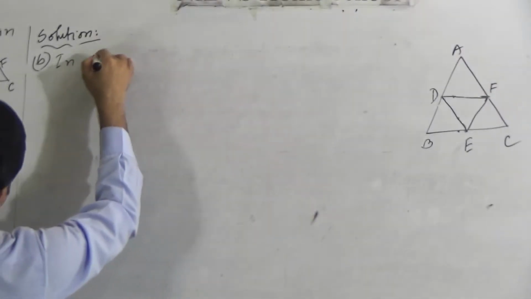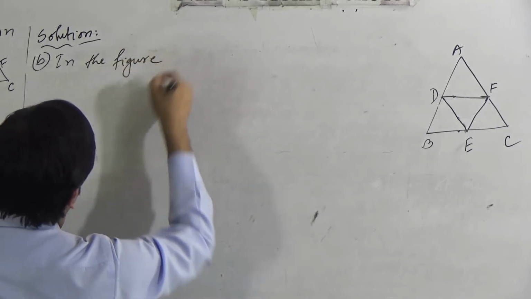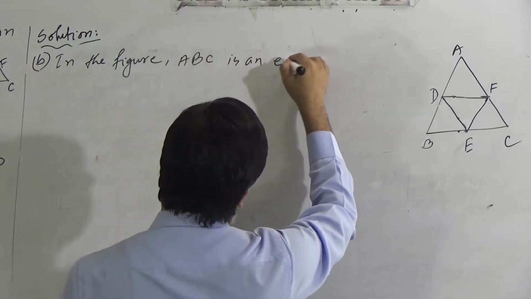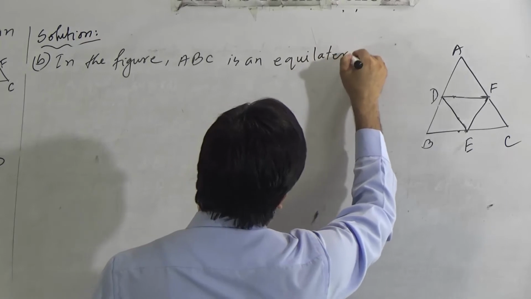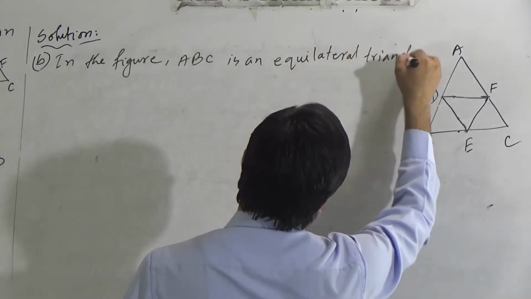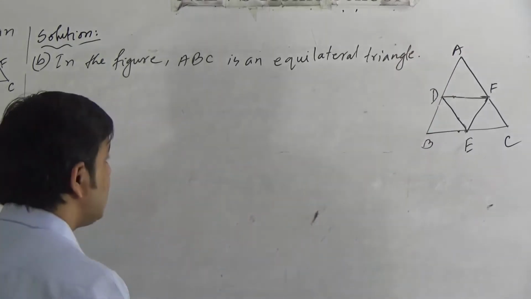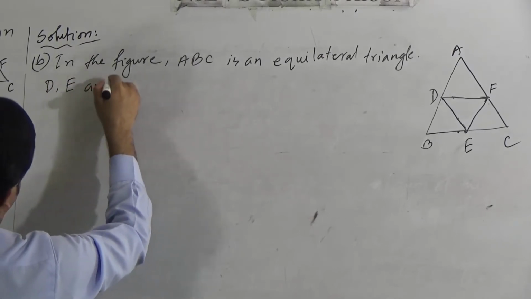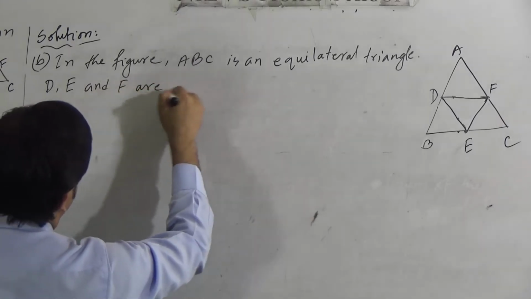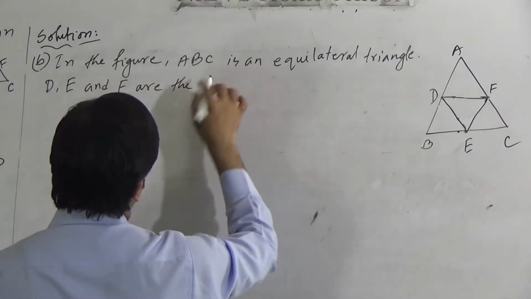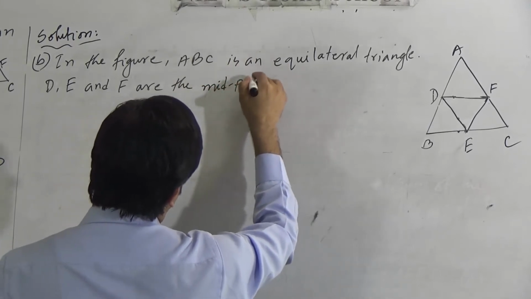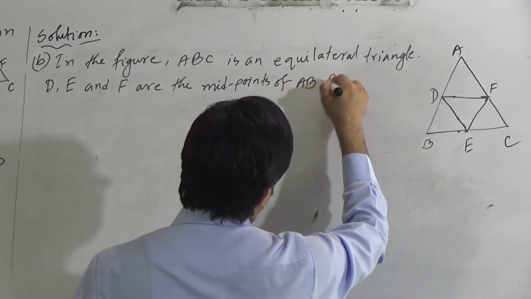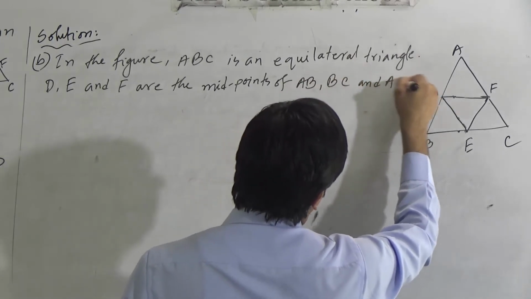D, E and F are the midpoints of AB, BC and AC respectively.